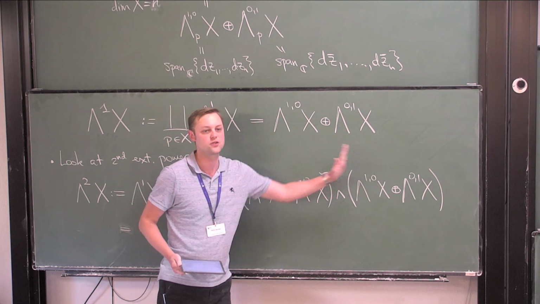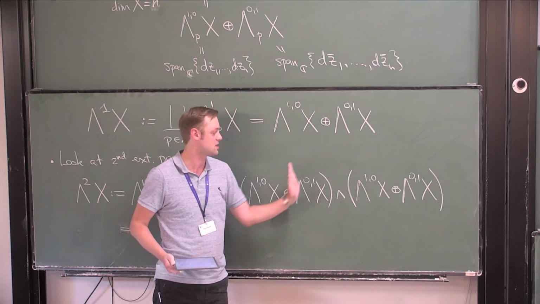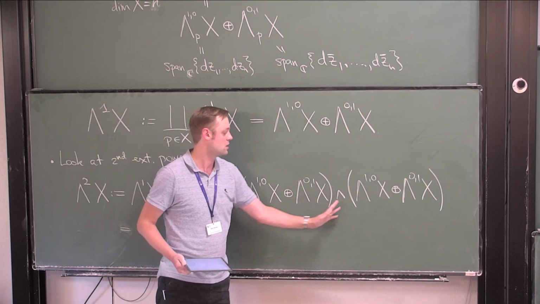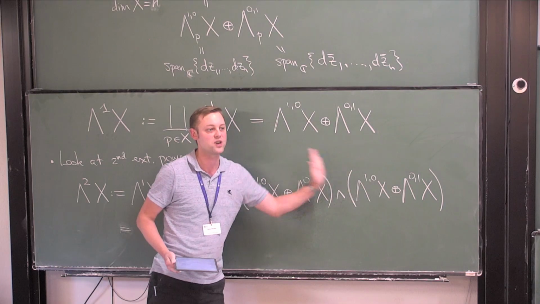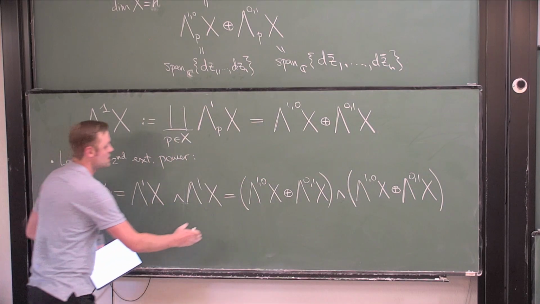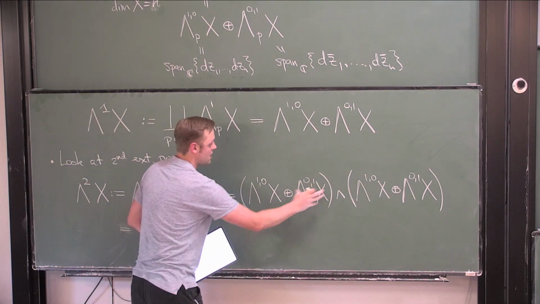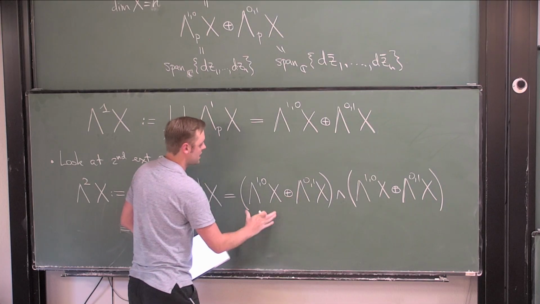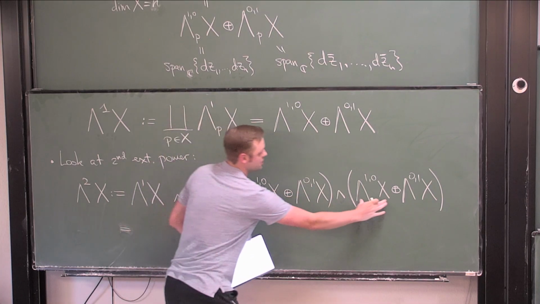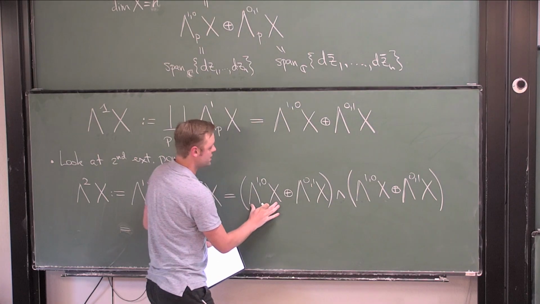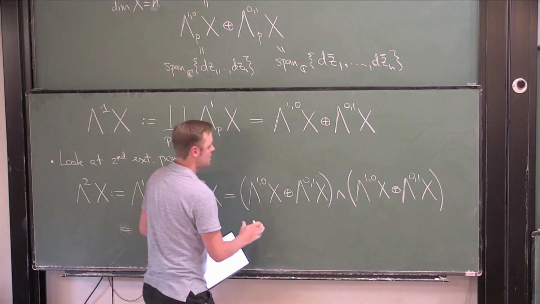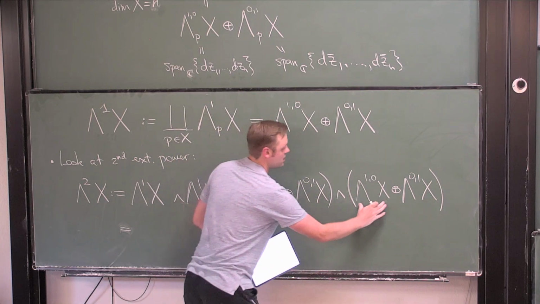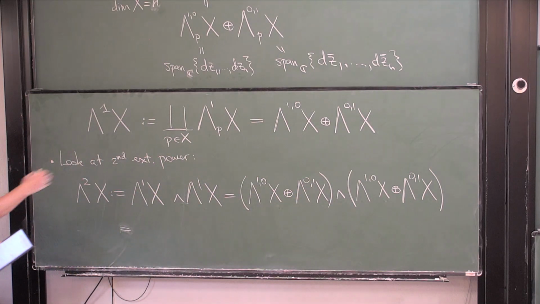We know that there's distributivity, so I can work with these as if they were arithmetic operations that we're familiar with. That means if I expand this, I need to wedge this guy with this, plus this guy with this, and then plus this guy wedged with this, and so on. So I'm just distributing arithmetically.